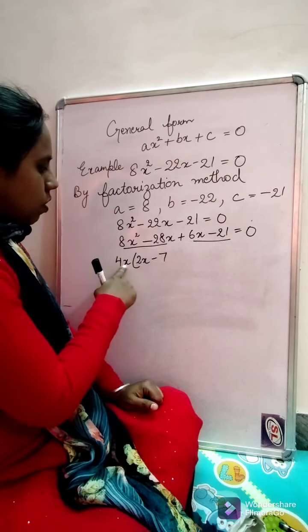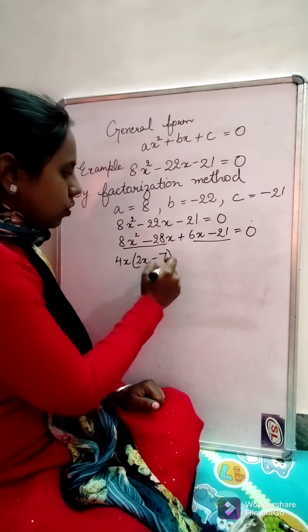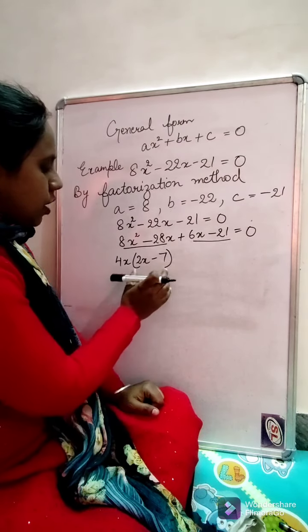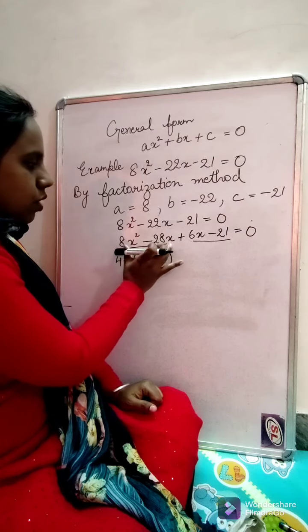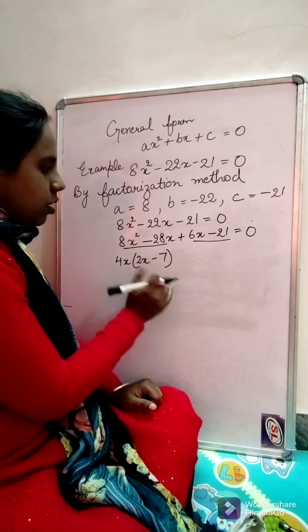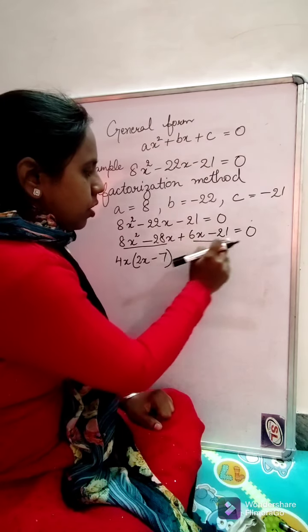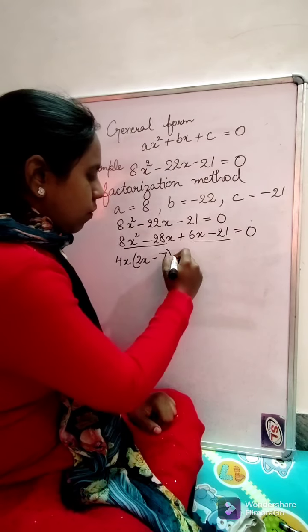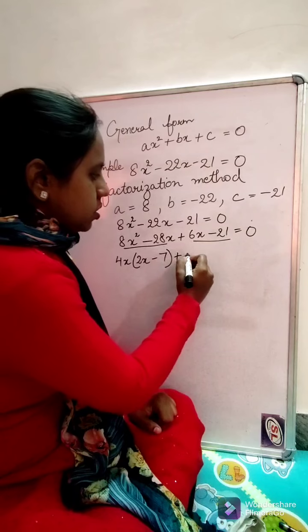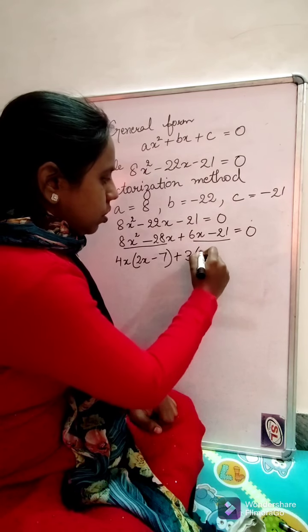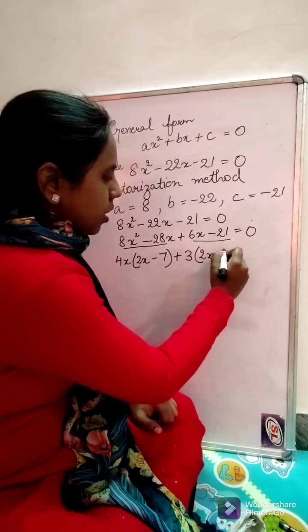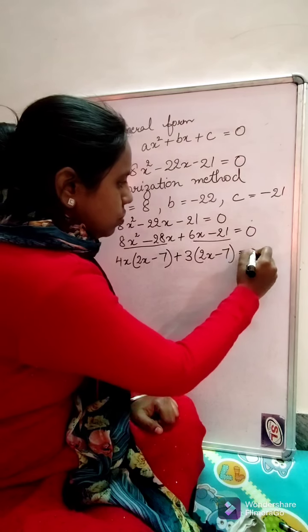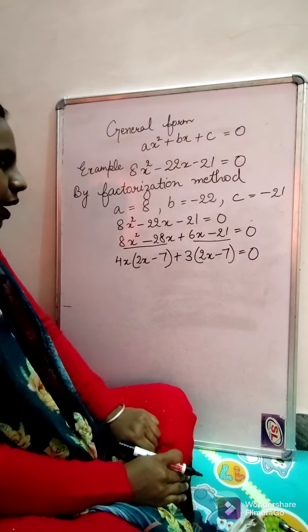Now from the other two terms, x is not common, but 3 is common, so you get 3 times 2x minus 7.